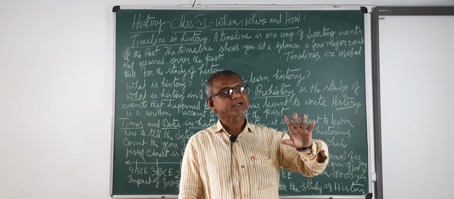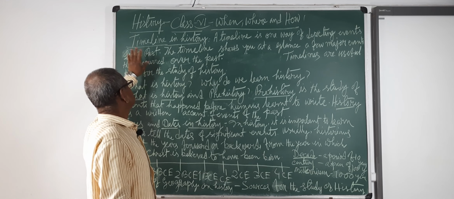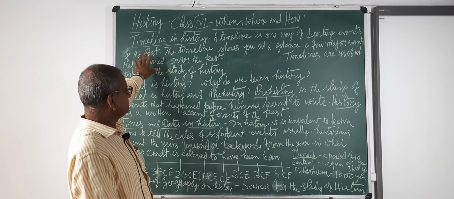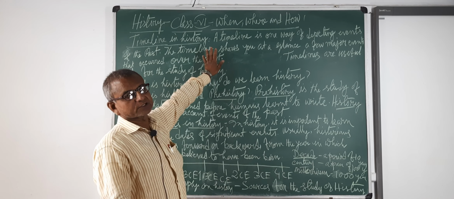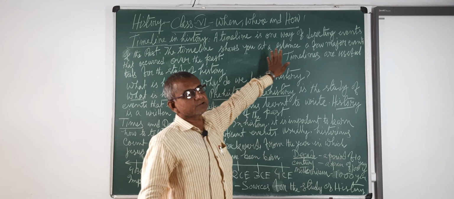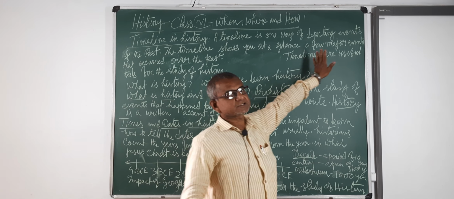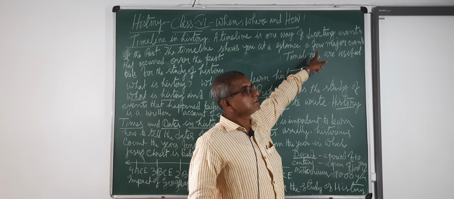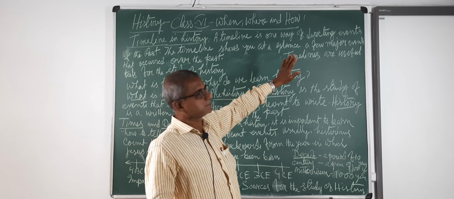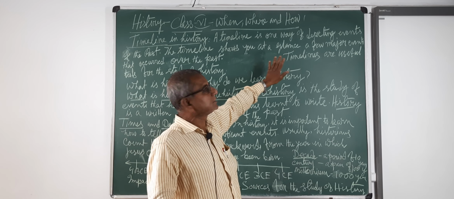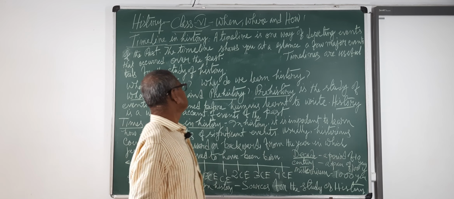In this way, suppose we see the prehistoric period, that is the Paleolithic age, then the Mesolithic age, then the Neolithic age, then the Copper and Stone age, that is the Chalcolithic age. This gradual development we can show in the form of a timeline.